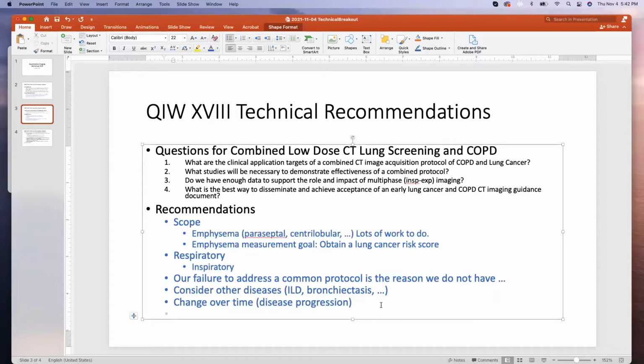Question number 2 says, what studies will be necessary? Question number 3 says, do we have enough data? And that implies studies. And question number 4 says, what's the best way to achieve acceptance, which I think implies more data.